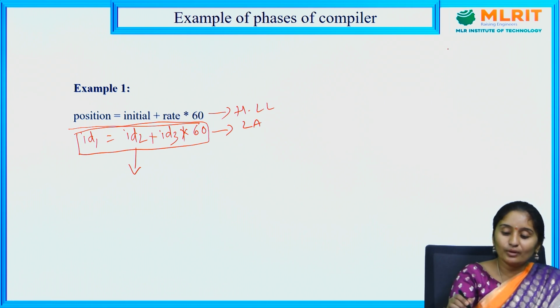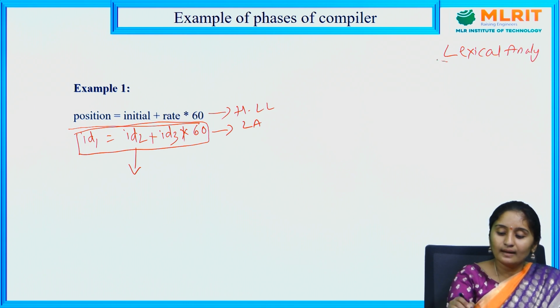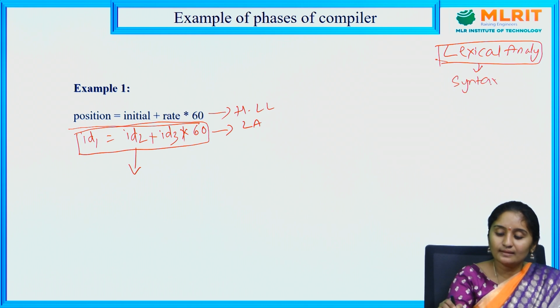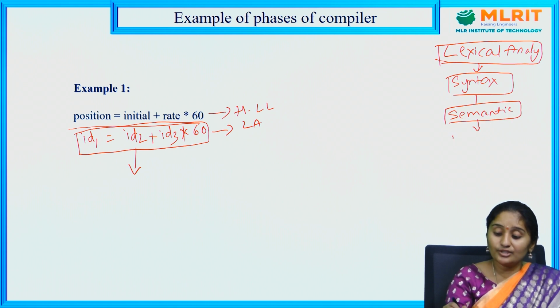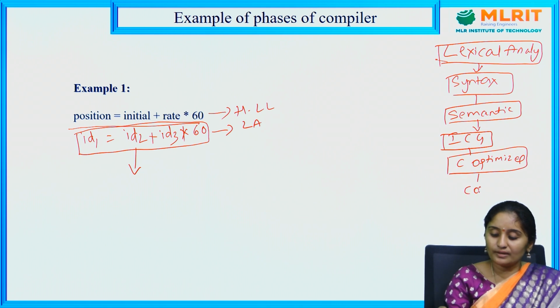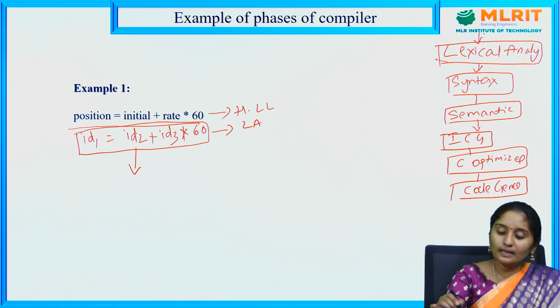So let us write here what the phases are: lexical analyzer, the next we have syntax analyzer, the next semantic analyzer, the next intermediate code generator, next code optimizer, and the next code generator. The input is the high level language or source program.